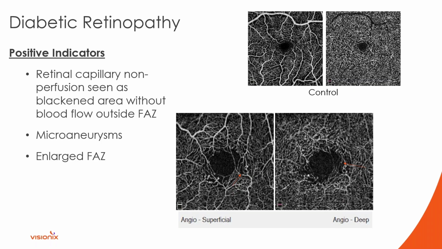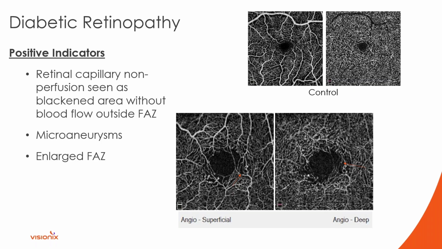I told you before that retinal capillary non-perfusion is going to be black. If you see areas, and I put the red arrows there, that are black, those are areas that are not getting enough vascular supply. If you look up at the control, you'll notice that around the foveal avascular zone, you're not going to see those big black pouches.